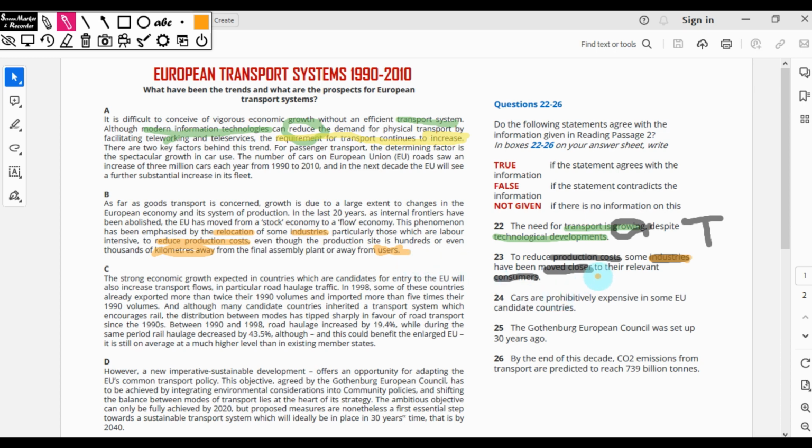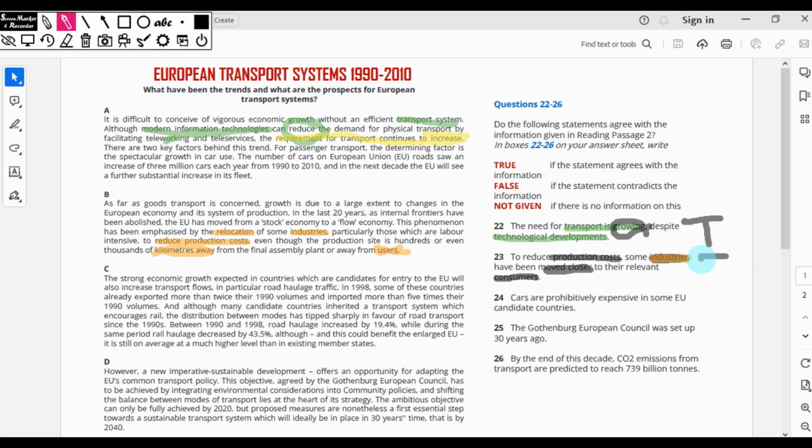In the question, it's closer to consumer. So it directly contradicts, directly opposite. The question says moved closer, but the passage says moved far away, so it is false.